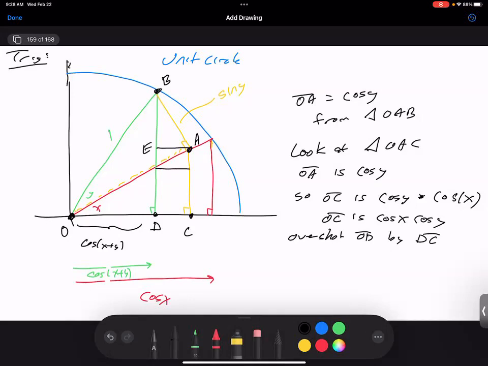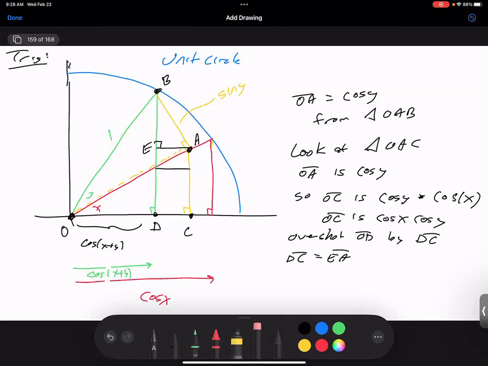We now have a right triangle over here. And so we know that DC is the same as EA, right? And so now we have to match angles.